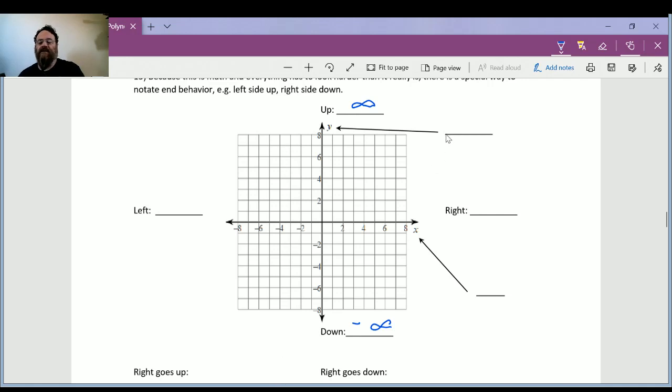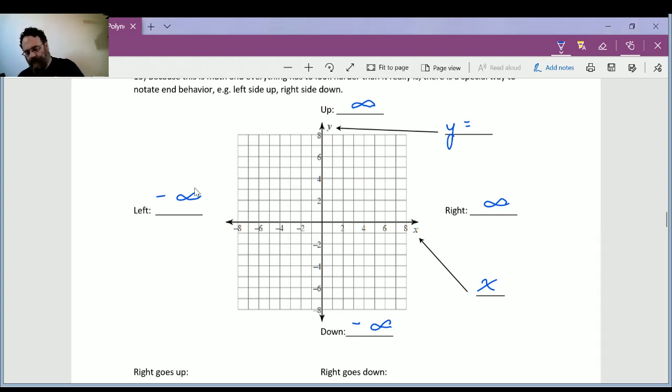Okay, this is your y value, and I'm going to put something else here in a second, but let's take a look at this. These are your x values. The right side, that's positive infinity. So the left side, the negative side, is negative infinity. Okay, guys?